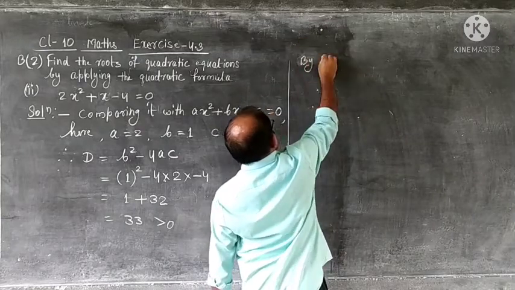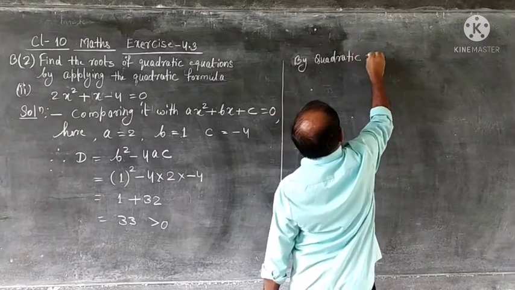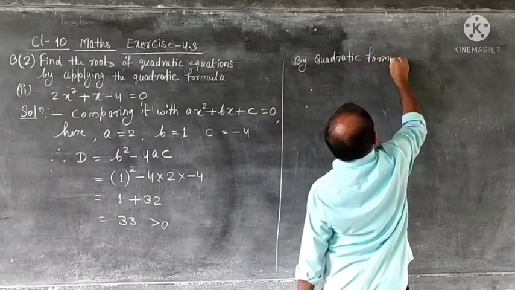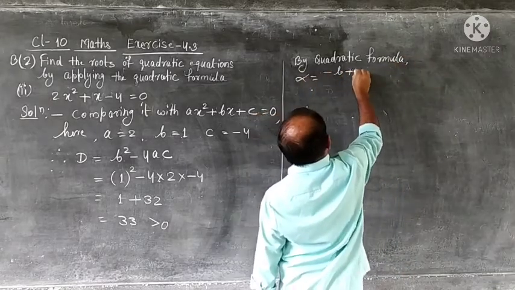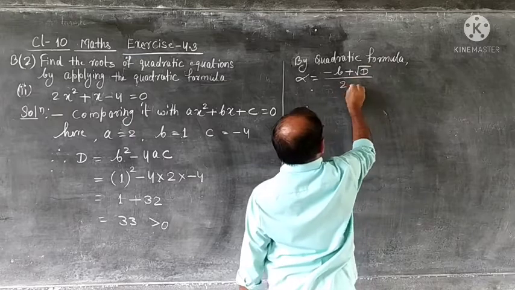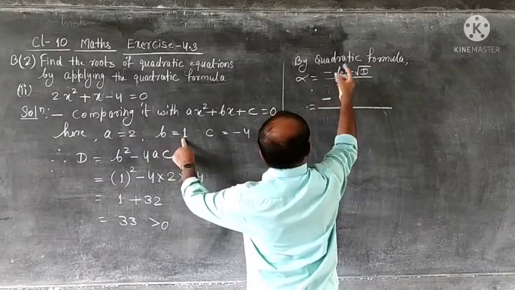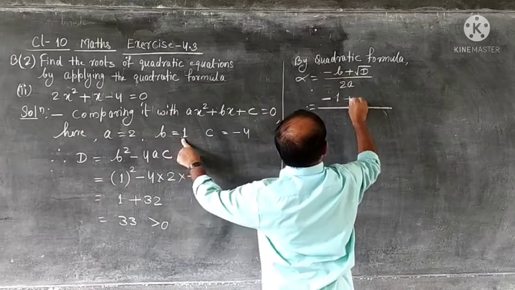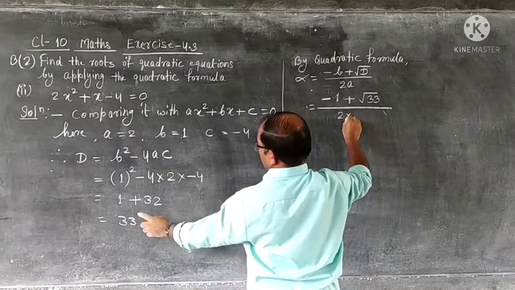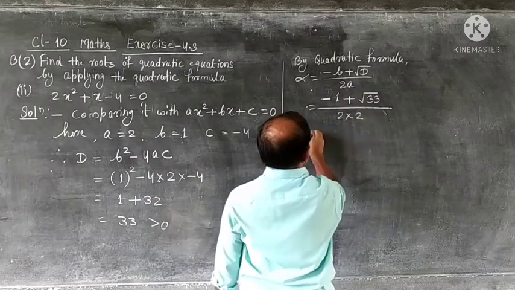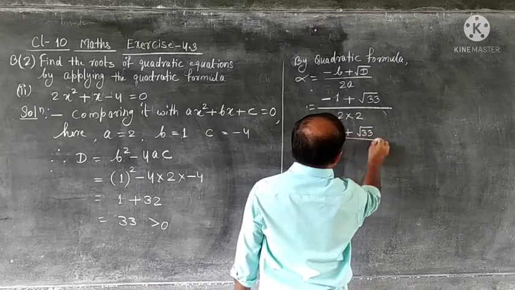By quadratic formula, alpha equals minus b plus root d by 2a. Minus b, b is 1, so minus 1 plus root d, root 33, by 2a, 2 into a is 2. We get minus 1 plus root 33 by 4.